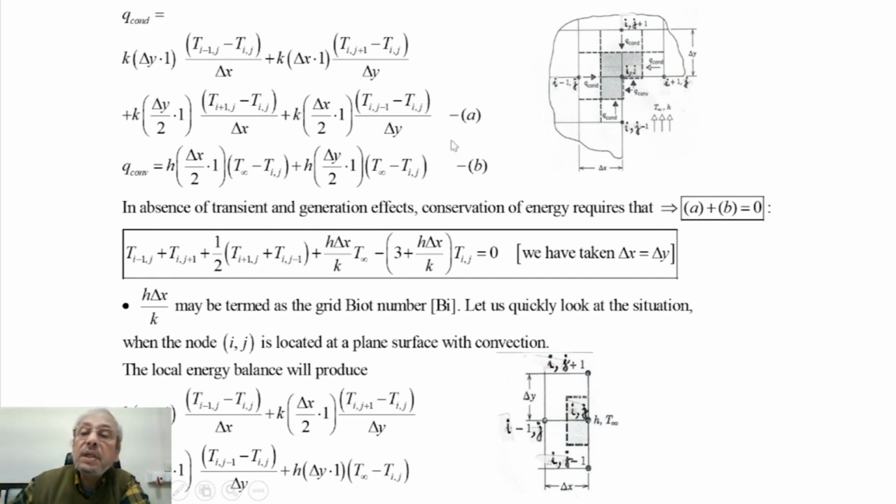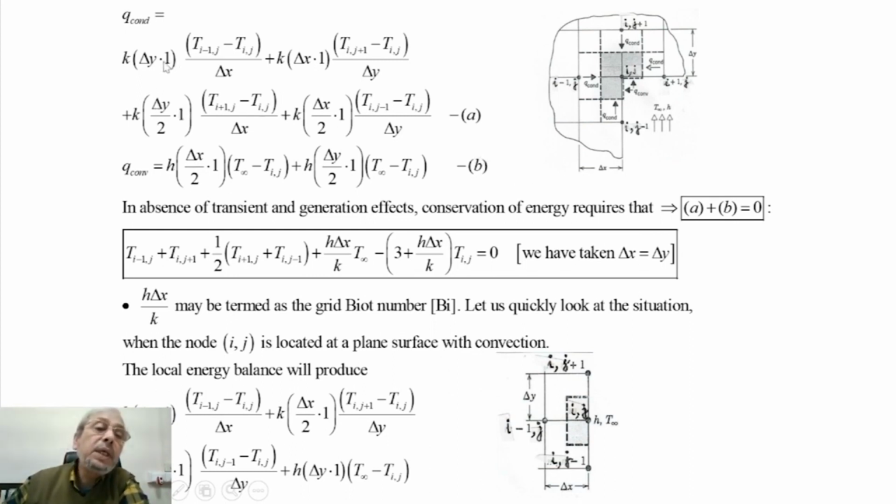And what is convection? Convection is H into delta X by 2 into T infinity minus Tij, plus H into delta Y by 2 into T infinity minus Tij. So we get the convection transport through this equation.